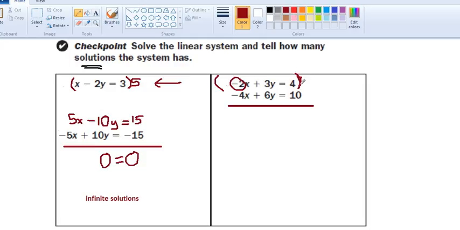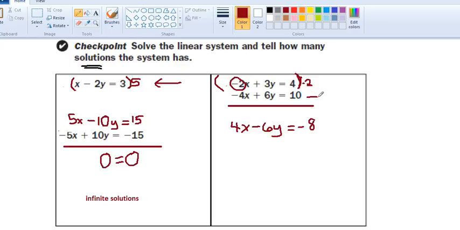Okay, so if you multiply this by negative 2, here's what you get. You get 4x minus 6y equals negative 8.